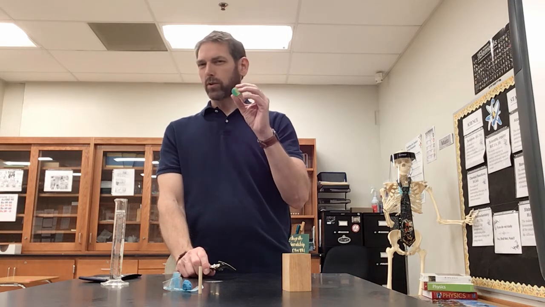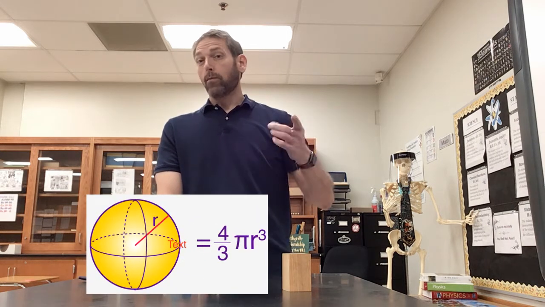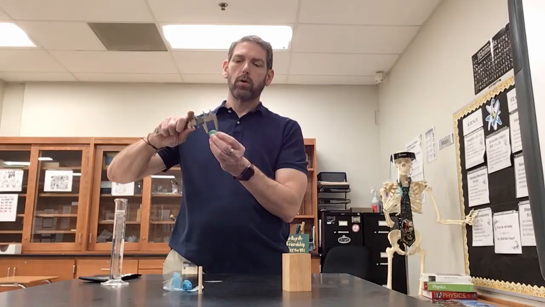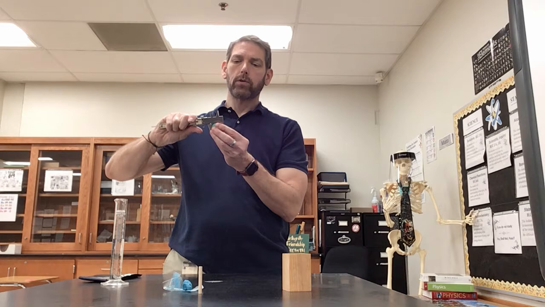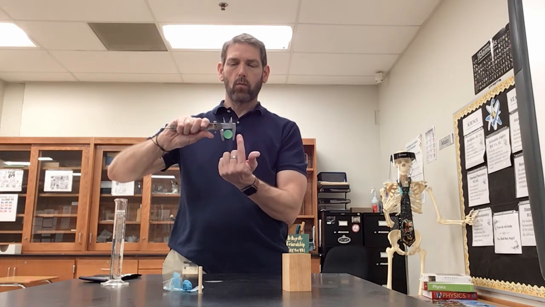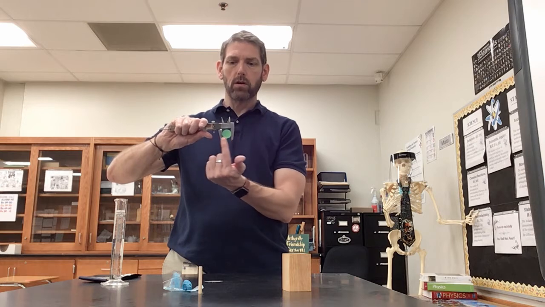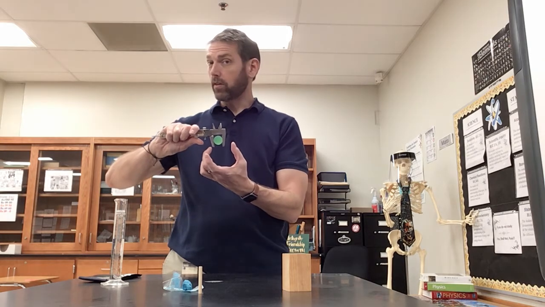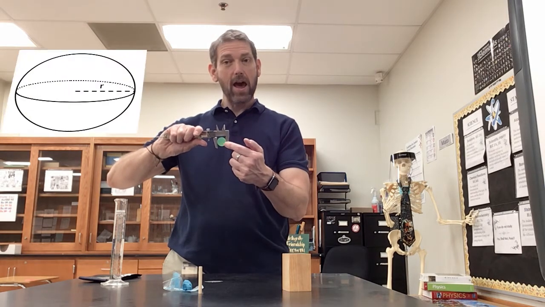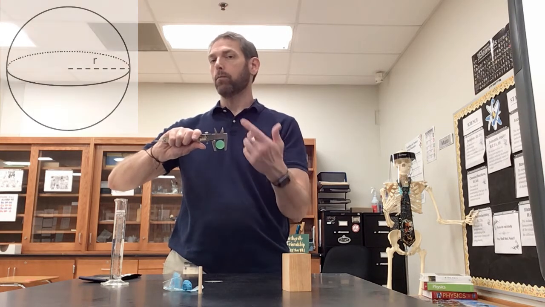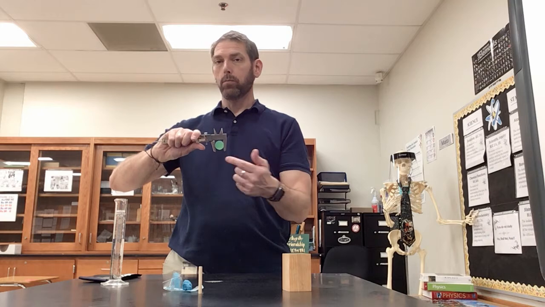For a spherical object, it's 4/3 pi r cubed. Looking at that equation, you have to figure out this information here. If you measure from side to side, you're getting the diameter. But you know that half of that is your radius, the lowercase r in the equation, volume equals 4/3 pi r cubed.